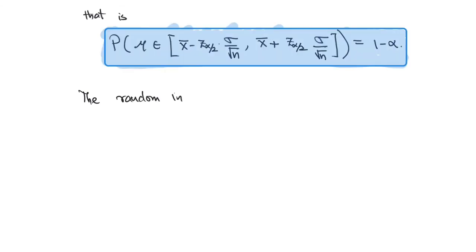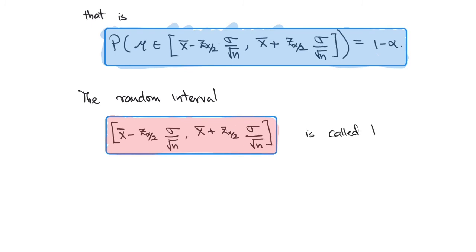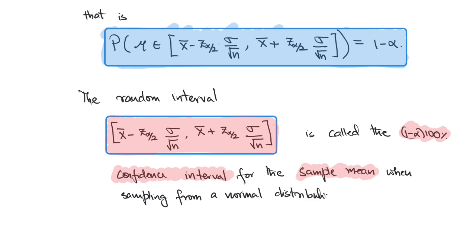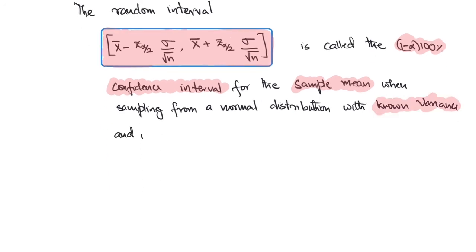The random interval x bar minus z alpha over 2 times sigma over square root of n, comma, x bar plus z alpha over 2 times sigma over square root of n is called the 1 minus alpha times 100% confidence interval for the sample mean when sampling from a normal distribution under the assumption that the variance is known, and it provides an interval estimate for the population parameter mu that is unknown and we would like to estimate.